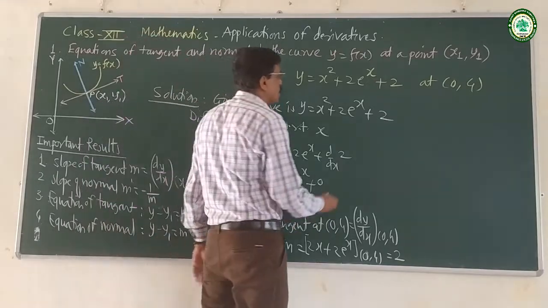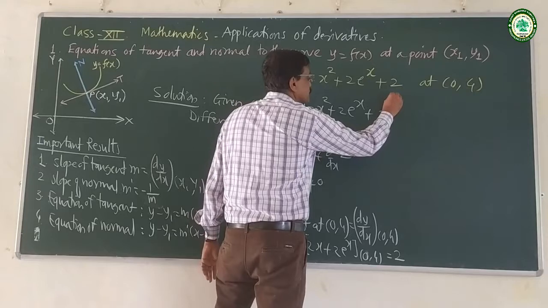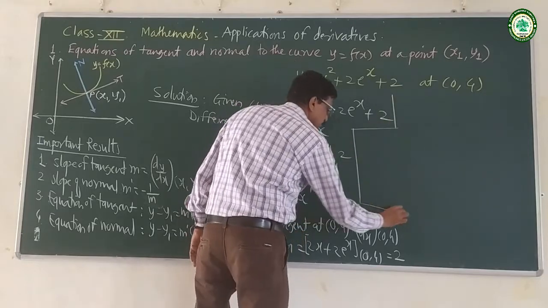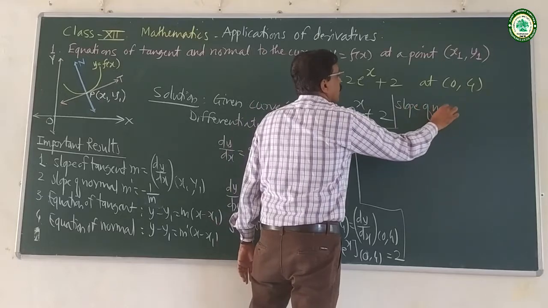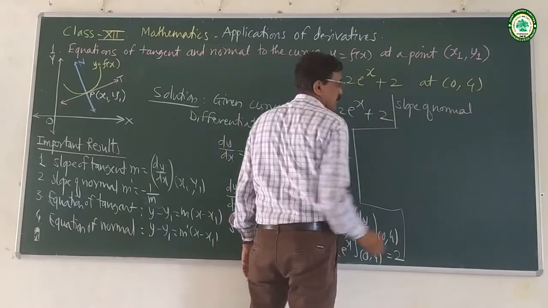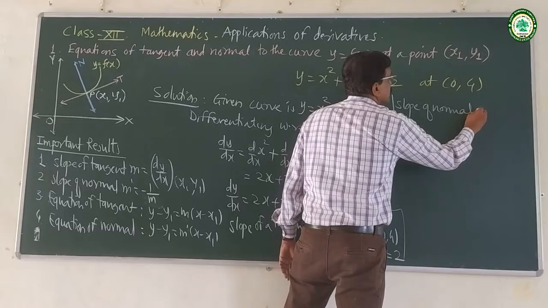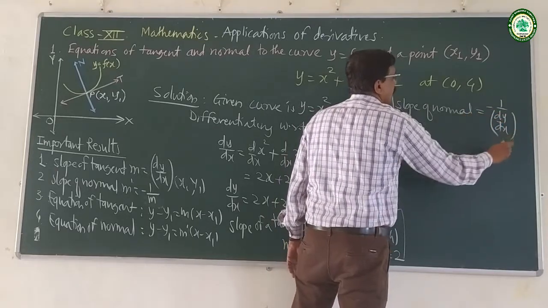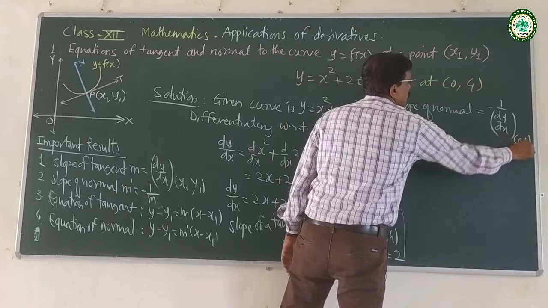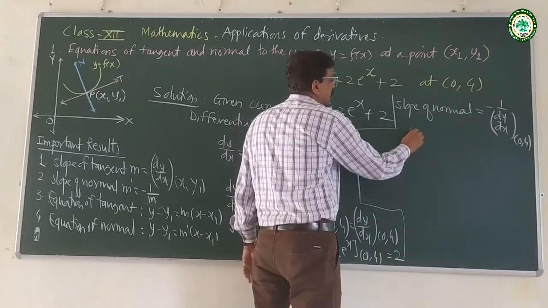Now slope of normal, it is minus 1 upon derivative of the curve at the point 0, 4. Let us call it as m dash.